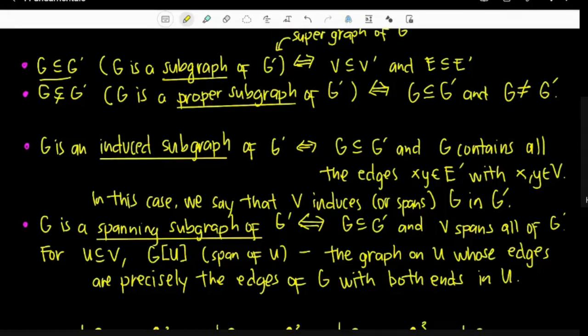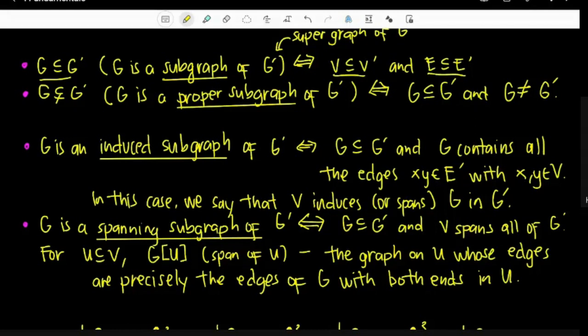So if we look at it in set representation, a subgraph of G prime is a graph G where the vertices of G and edges of G are subsets of the vertices and edges of G prime respectively. So the vertex set is a subset of V prime and the edge set is a subset of E prime. So that's what we mean by a subgraph.